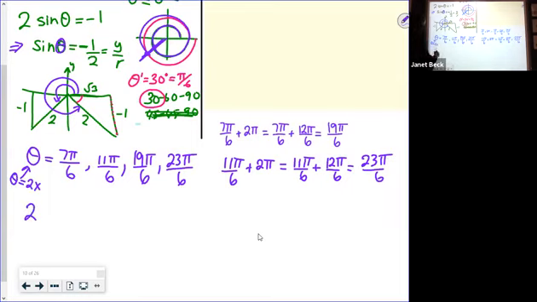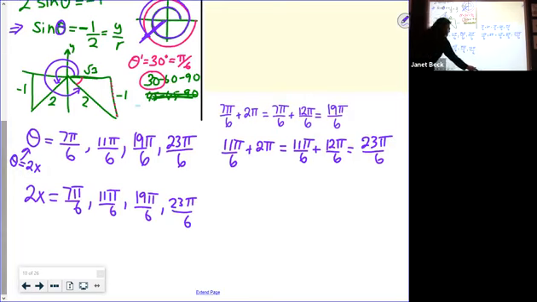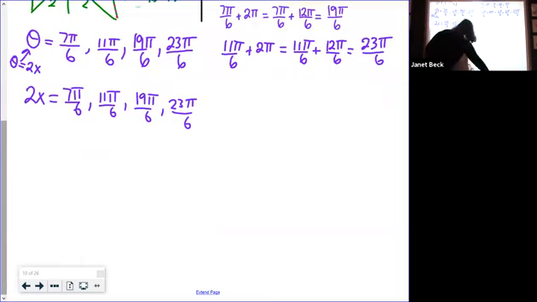So at this point, we know that 2x equals 7π/6, 11π/6, 19π/6, and 23π/6. I don't want 2x. I just want 1x. So what we're going to have to do with all of these is divide them by 2.